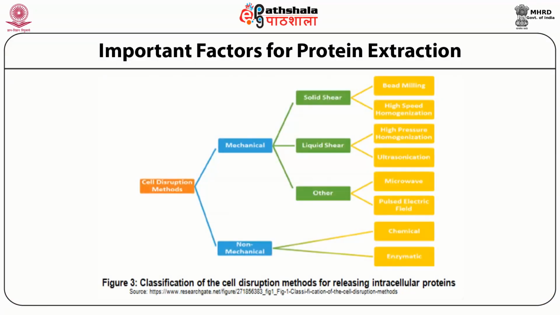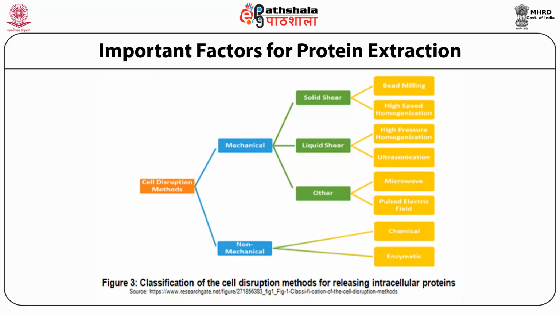Cell disruption methods can be broadly classified into mechanical methods and non-mechanical methods. The mechanical methods involve solid shear, liquid shear, or other ways of disrupting the cells. For solid shear, methods like bead milling and high-speed homogenization are used.